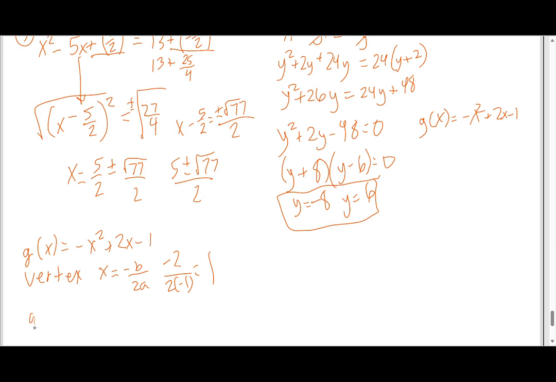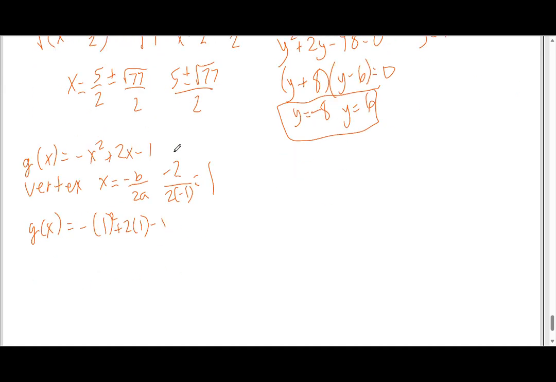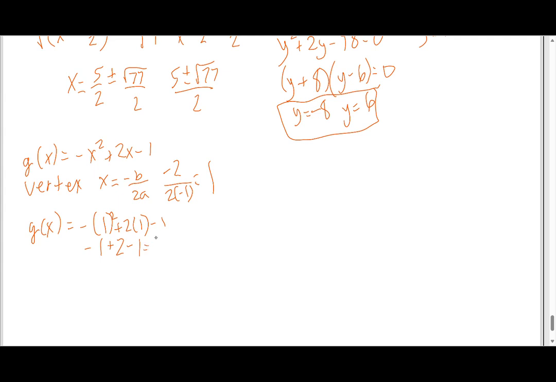Now to find the y coordinate, we're going to plug in 1 wherever we see x. So that's negative 1, because 1 squared and then the negative out front, plus 2 minus 1. If you add those together, you get 0. So the vertex is at the point 1, 0.